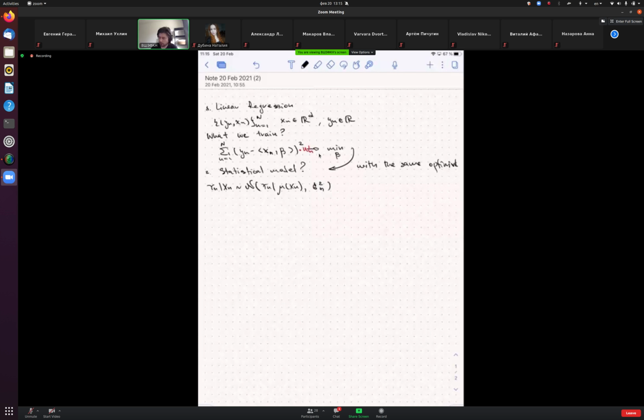Okay, so then we would like to fit this model. So what is this mu of x? This is the conditional expectation of yn, and as we would like to match this optimization problem, we say okay, it's a linear model, the inner product of our features xn and parameters beta.